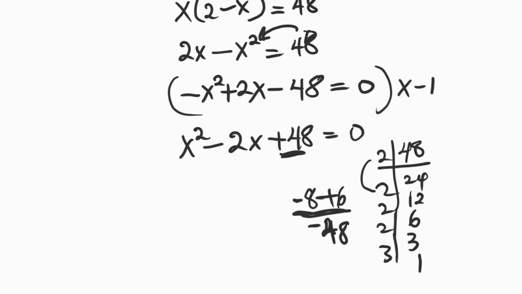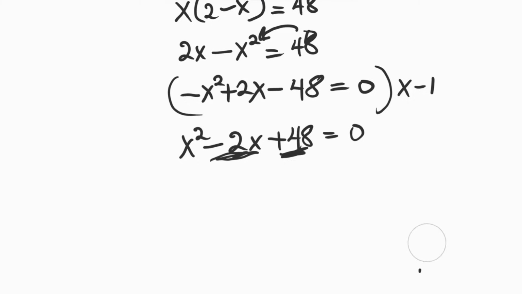So then if we do negative negative to get positive 48, then that means we're getting minus 14 when we add, which is not what we have there. So that means that we are going to use our quadratic formula.